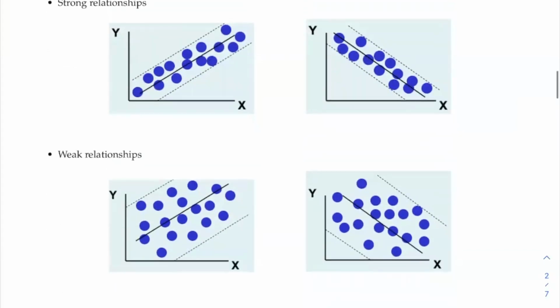There's also the case where you have weak relationships, where the data points spread out and move a little bit further away from the curve that you want to fit. So that kind of relationship is called a weak relationship.